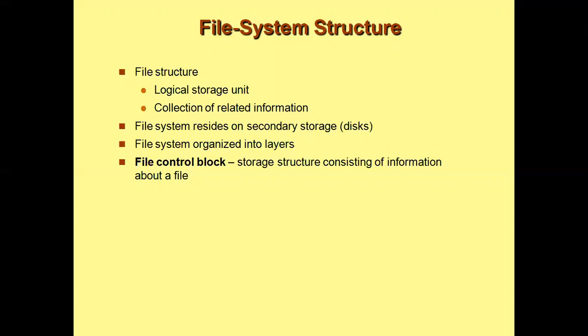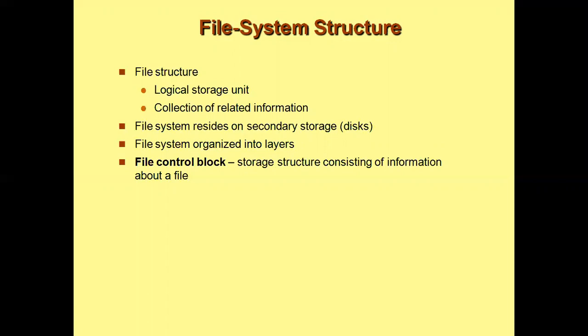So this file system is organized into layers. In Windows, if you right click on the C drive, D drive, or the partitions, you have an option properties, right? If you go to properties, you will find that the file system used in Windows is NTFS, which is New Technology File System. Okay, so we have a term called file control block here.